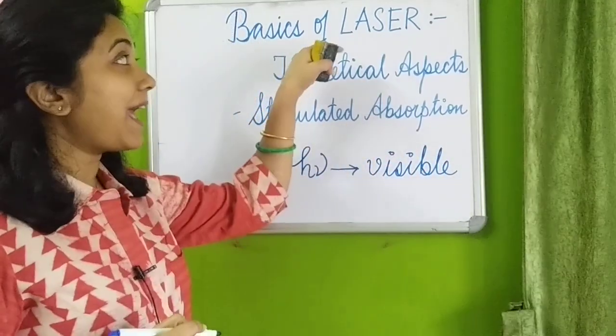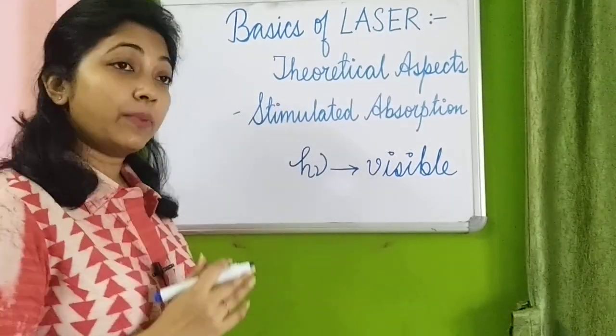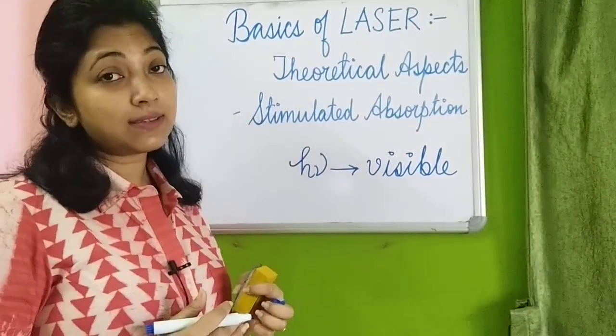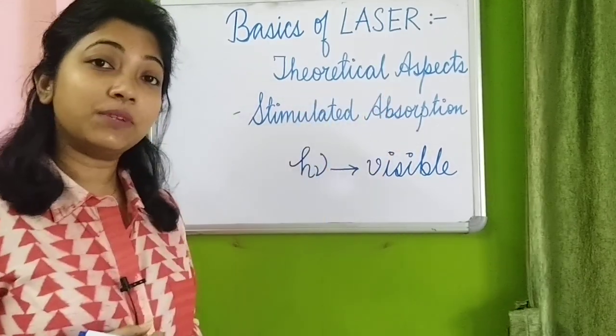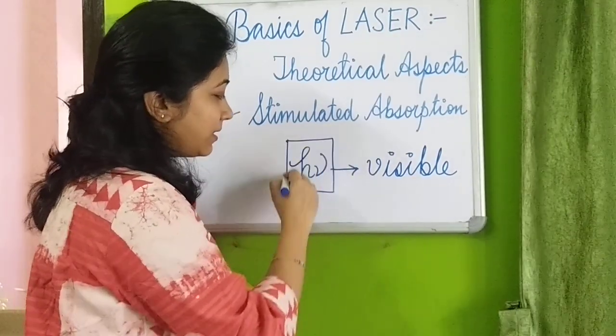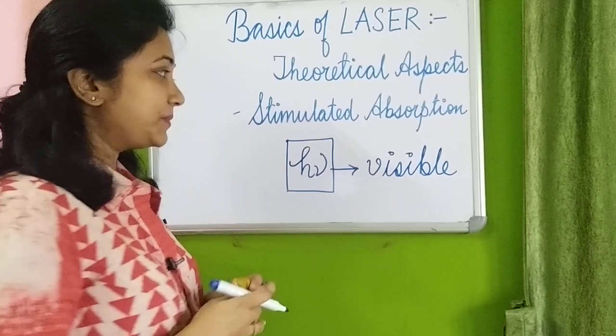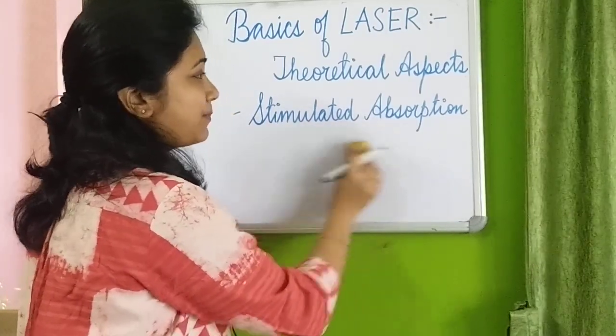Only then we will be actually discussing light amplification, right? So remember, whenever we discuss the energy transition, be it absorption or emission, the energy is always within the visible range. Okay? So with this in mind, let us talk about stimulated absorption.